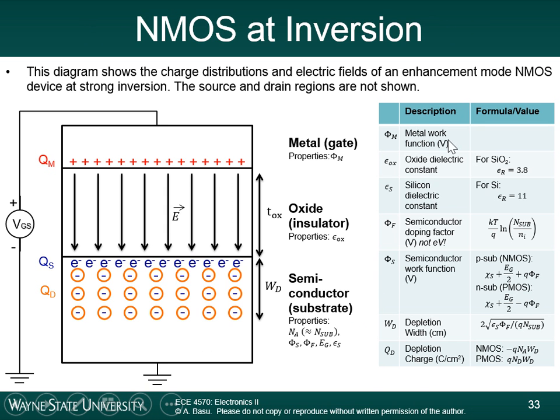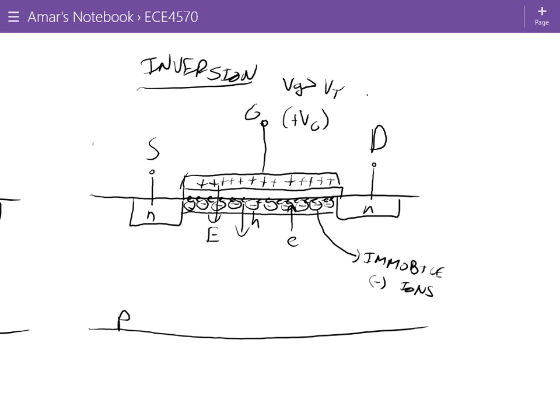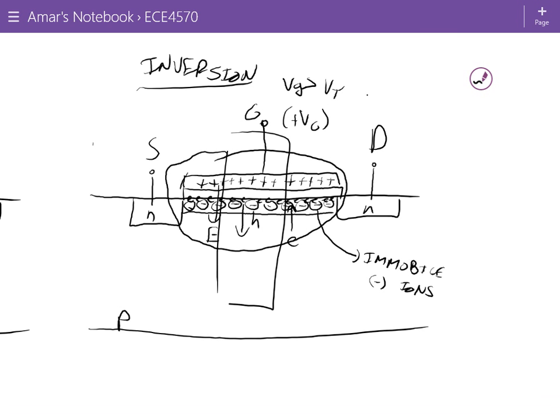The source and drain regions are not shown. In other words, we're focusing in on just this region here. We're ignoring the source and the drain region. So this portion here we're focusing in on.